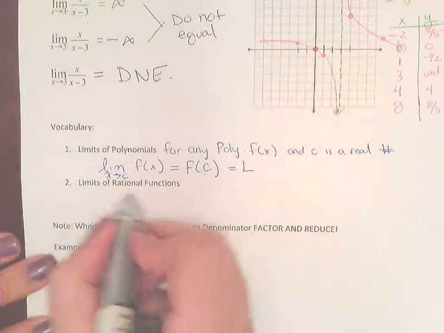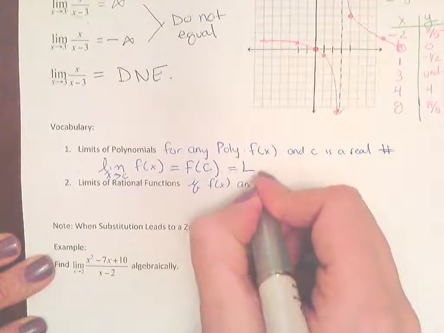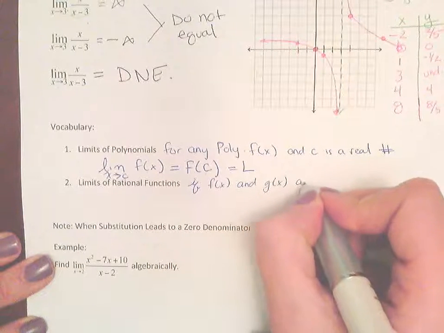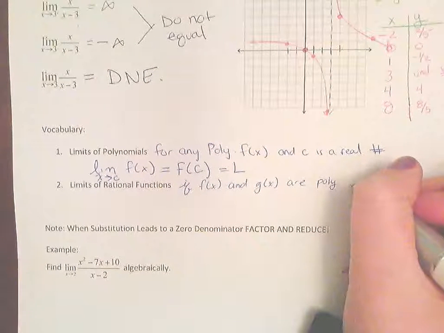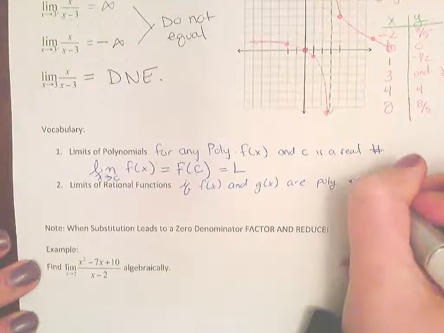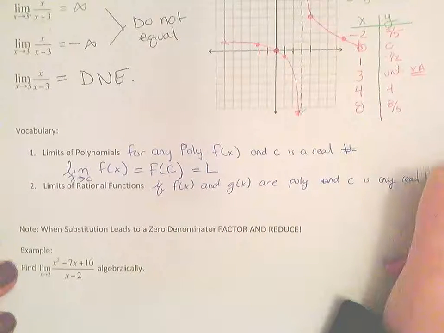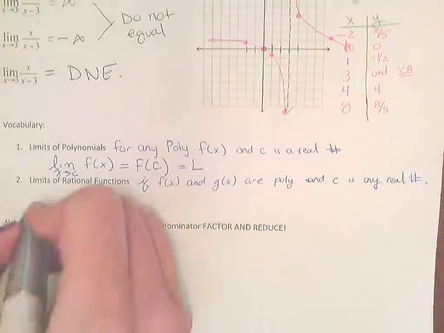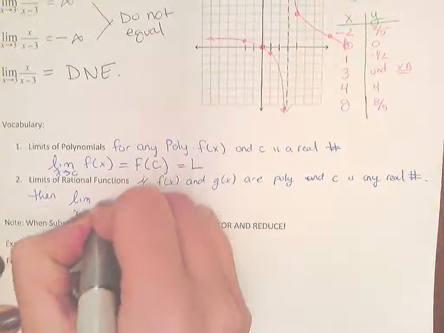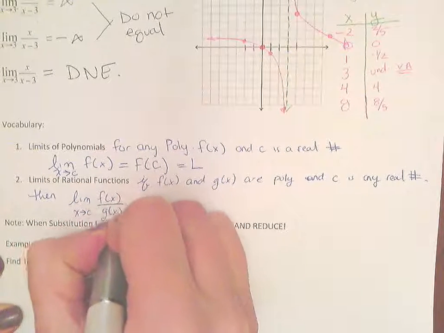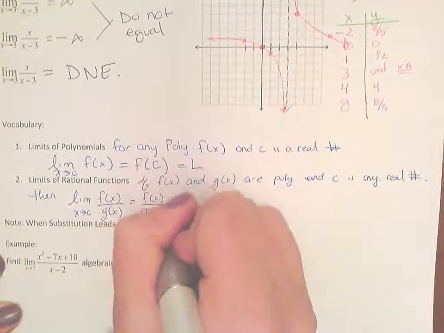Okay? And then for rational functions, if f of x and g of x are polynomials divided, which makes them rational, and c is any real number, then the limit as x approaches c of f of x divided by g of x is equal to f of c over g of c.